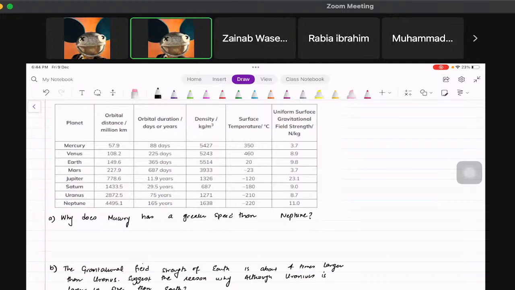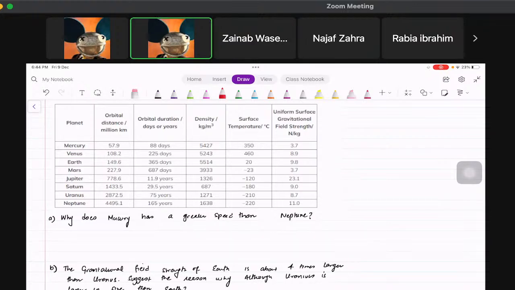But the distance is smaller, so there has to be some other reason. Why is the speed more? It also has less density. No, no, that's not correct.